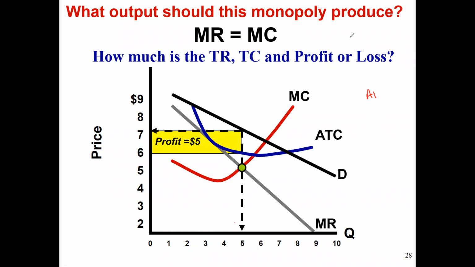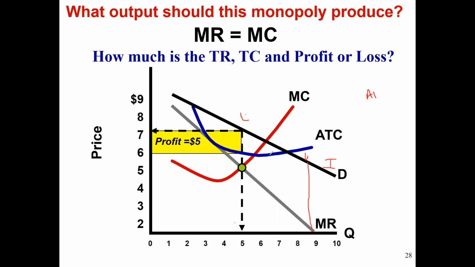If I just took this, where MR is at its highest, I go a straight line. That's unit elastic. To the left is elastic, and to the right is inelastic. So you have that.